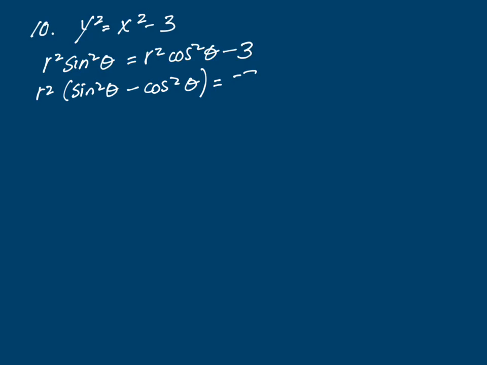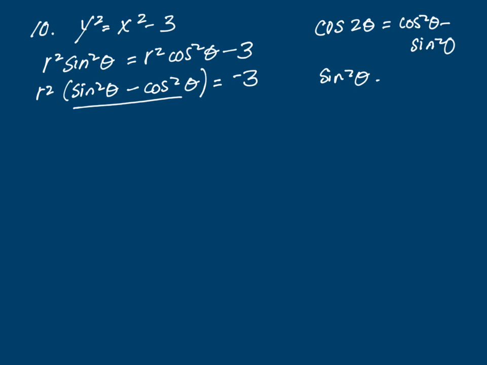Now remember, cosine of 2 theta is cosine squared theta minus sine squared theta. So if I have it the other way around, sine squared theta minus cosine squared theta, isn't that a negative of that? So take a negative out.